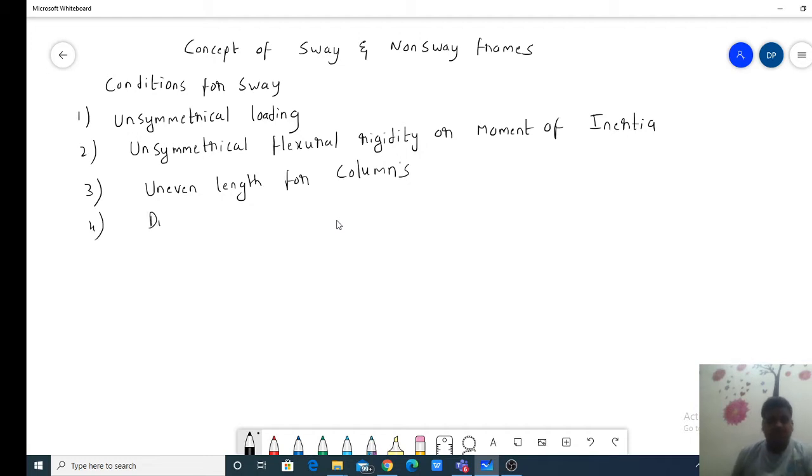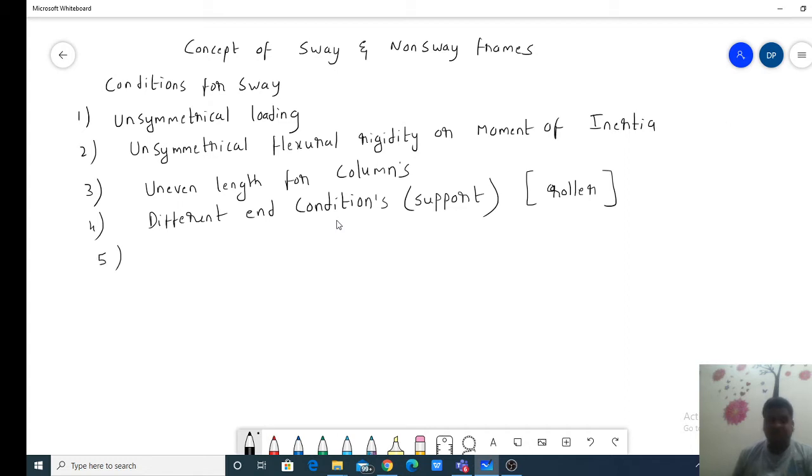Then if we are having different end conditions for the given columns, different supports, particularly if we are having roller support, then it is called a sway frame.